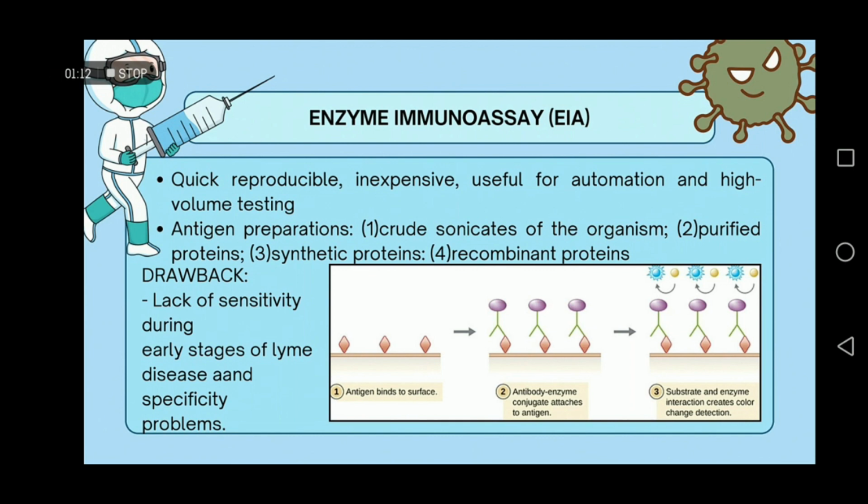Similar to the IFA, drawbacks of EIA include a lack of sensitivity during the early stages of Lyme disease and specificity problems. The sensitivity for early serum specimens has been reported to be anywhere from 58% to 92%.